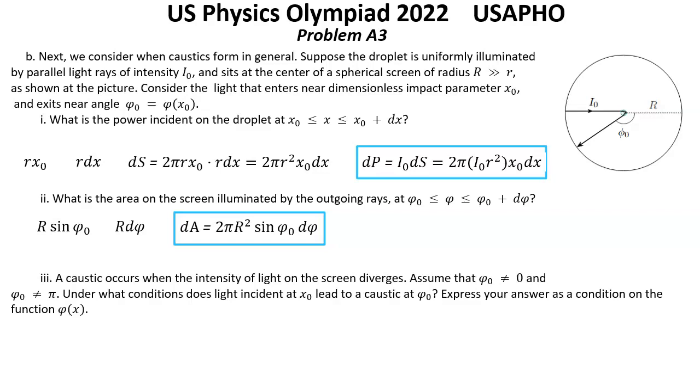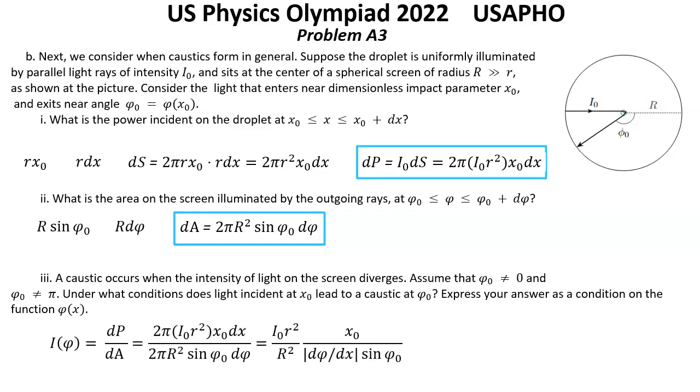By dividing our two answers, the first by the second, we find the intensity on the screen is delta P over delta A, which is I0 small r² over big R² multiplied by x0 over (d phi over dx) multiplied by sine phi0.